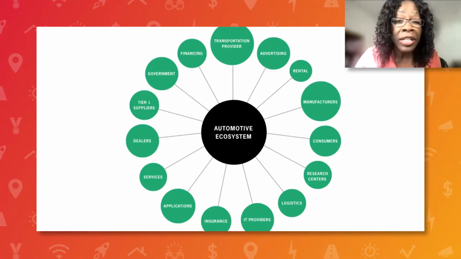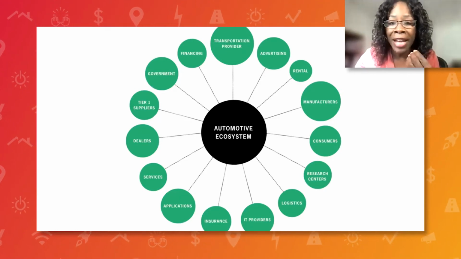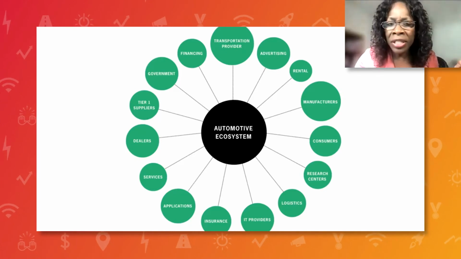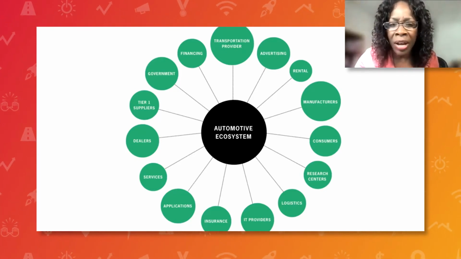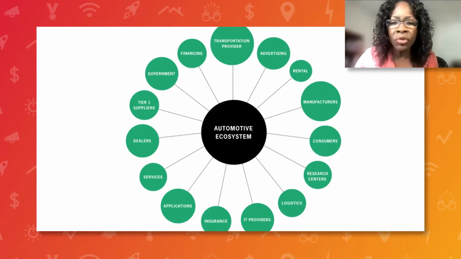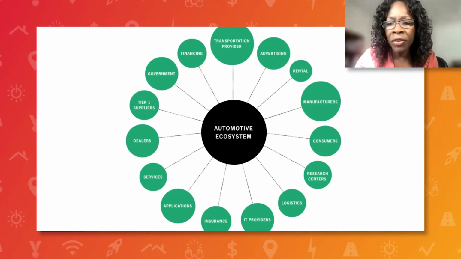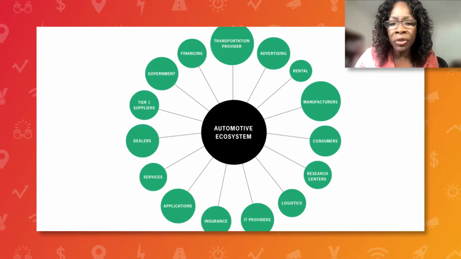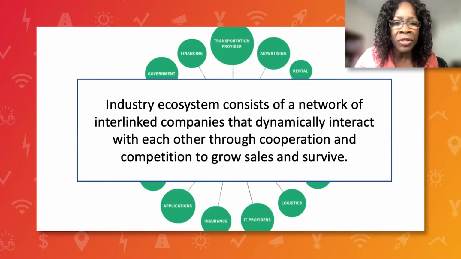The first thing that comes to mind may be the manufacturer, the dealer, the consumer, but these are just the first segments. They aren't the only ones. If you take a step outward, you begin to consider industry segments that maintain vehicles, produce energy, provide insurance, rent or scrap vehicles, and provide transportation.